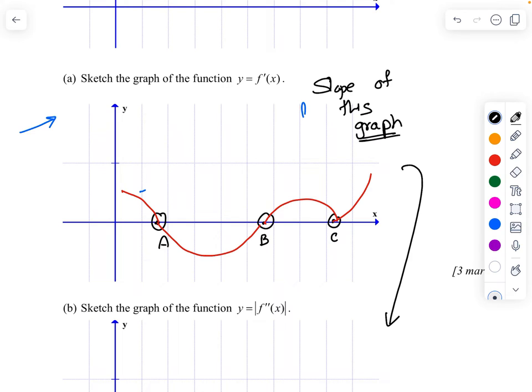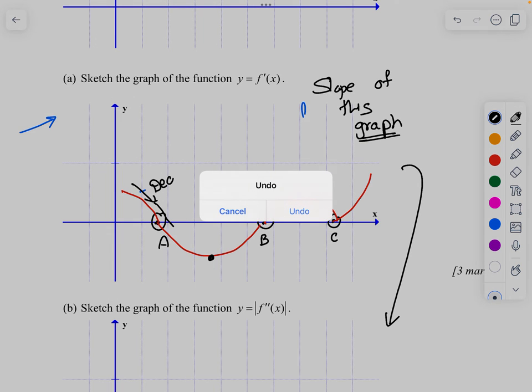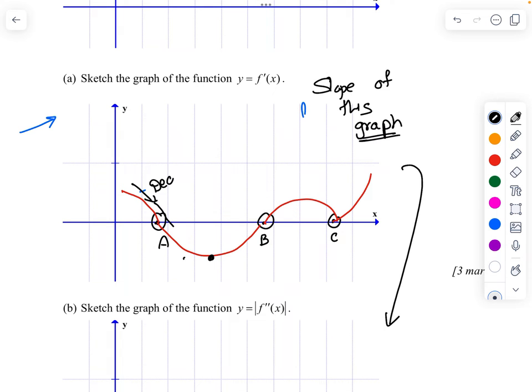Then later we'll think about the absolute value. So the slope of this one: this part is decreasing and it continues to decrease. Over here the second derivative is going to be 0. Over here the second derivative is going to be 0.